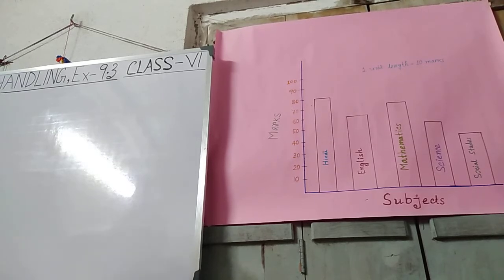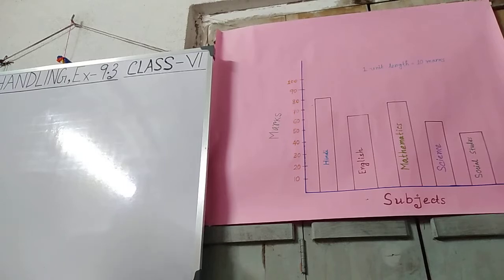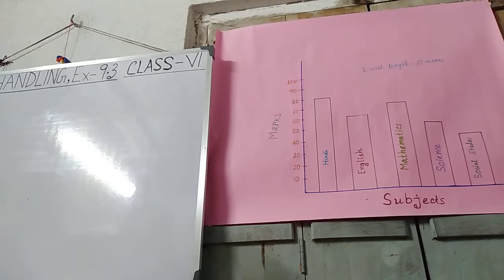Here we can also see that these bars are known as vertical bars, because all the bars are parallel to the vertical line. Now some questions are given.